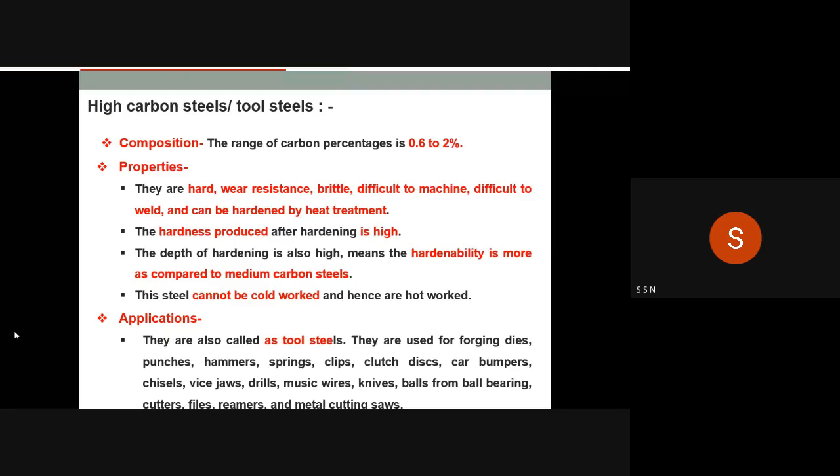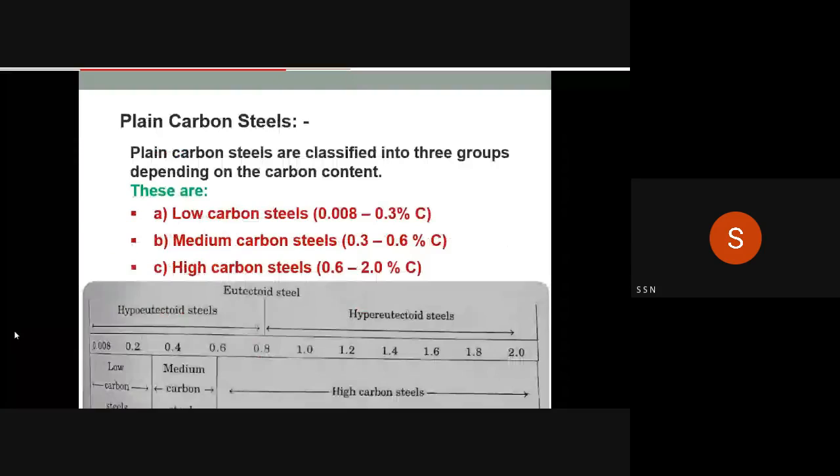Most cutting tools that you observe in your day-to-day life are made of high carbon steel. That's why it is called tool steel. So today we have seen these three types of steels. Generally, they are called plain carbon steels.